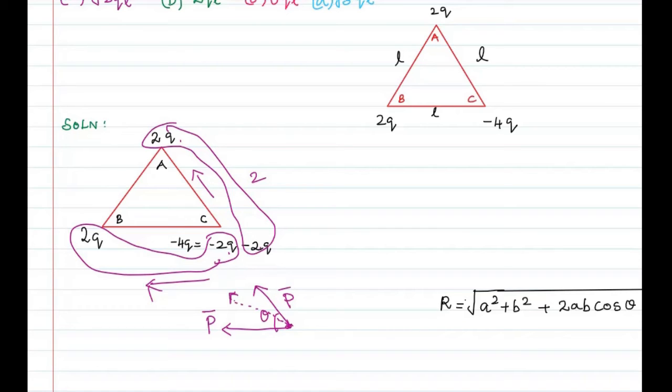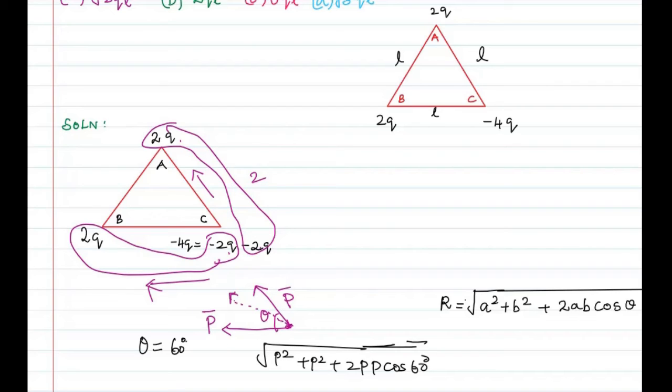So again use vector addition. Since it is an equilateral triangle, theta will be 60 degrees. Substitute here: root of p square plus p square plus 2 into p into p into cos 60 degrees, where both vectors are represented by p.